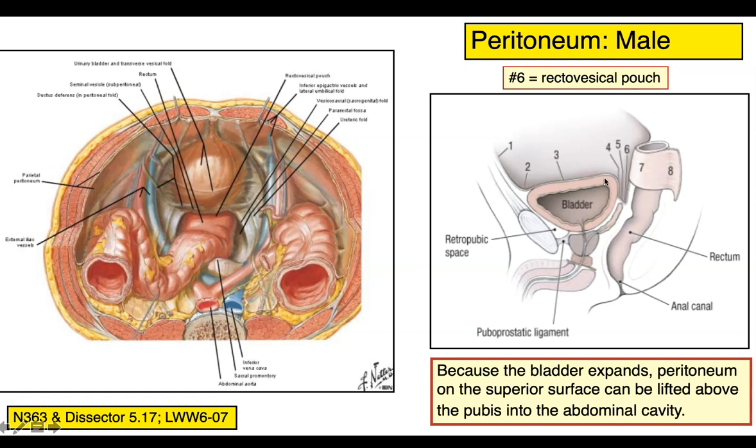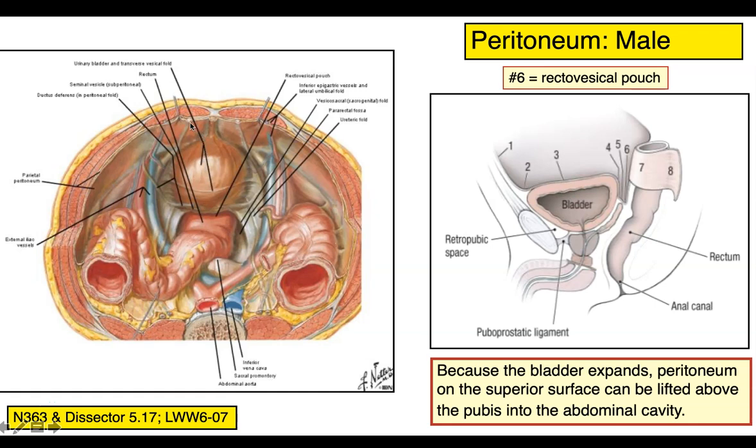In between the urinary bladder and the rectum, this peritoneal space in the male pelvic cavity is called the rectovesical pouch. Vesicle means urinary bladder. Here you can see the superior view of the pelvic cavity.